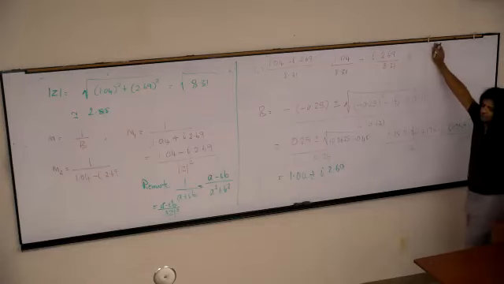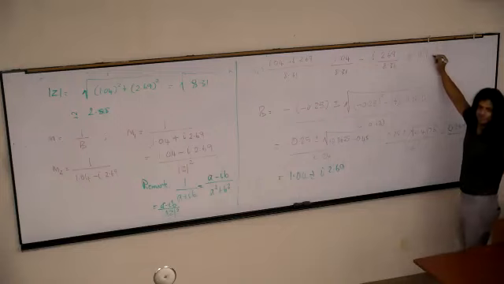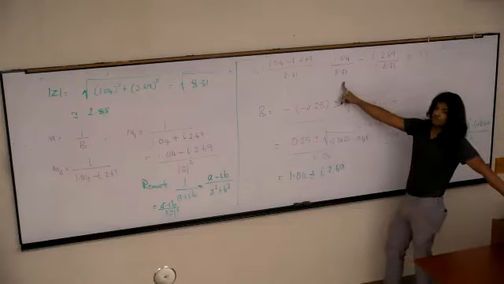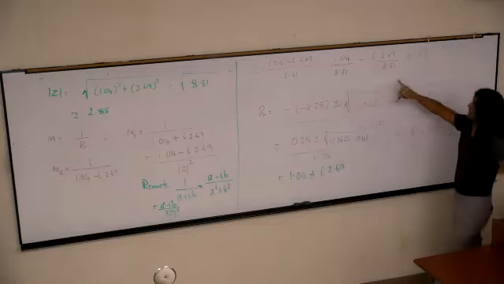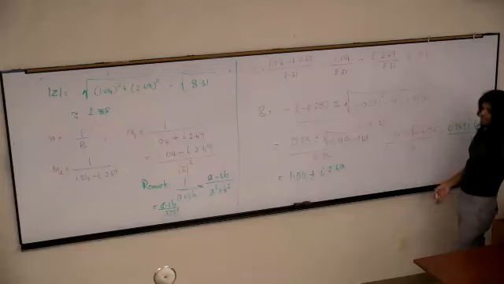Which is approximately equal to 0.12. One over 8 is 0.125, but we're dividing by a bigger number, which is 8.31, so it's still close enough.